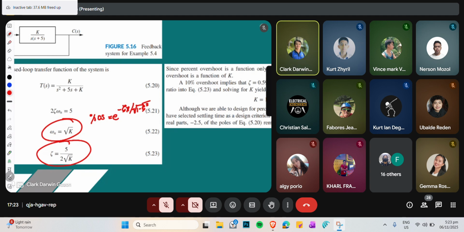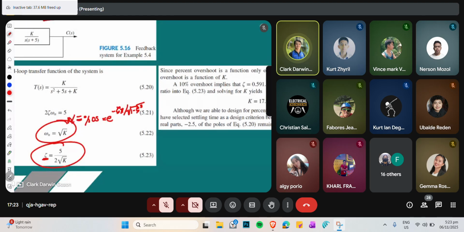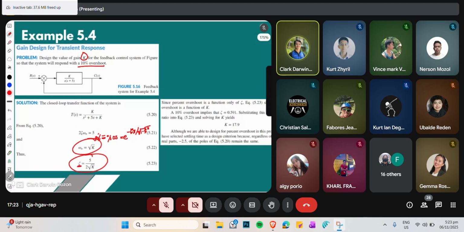Okay, so you already have the damping ratio, and this percent overshoot is equal to 10%. Then you can solve for the value of K, because this damping ratio is in terms of K.